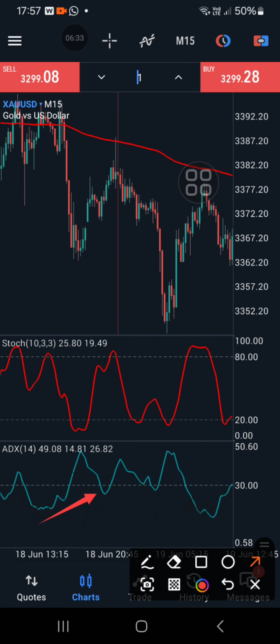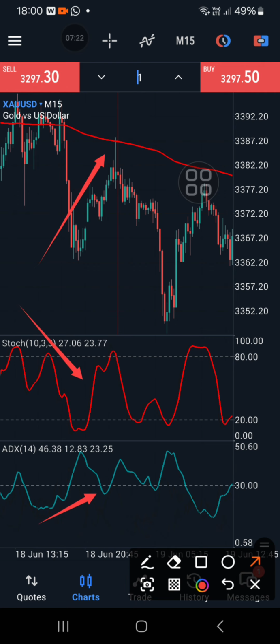And for your entry now, let me first of all explain. The moving average that we have on the main chart here is there to give us our trend, if we are in a bearish trend or a bullish trend. So currently we want to say when price is moving down. That's the first thing. Then on the ADX, we want to eliminate false signals, because we're making use of the stochastics.